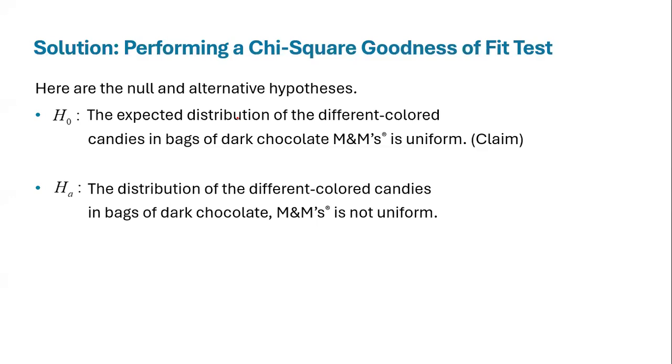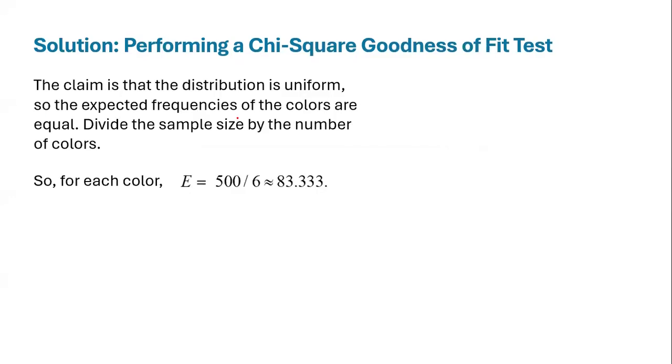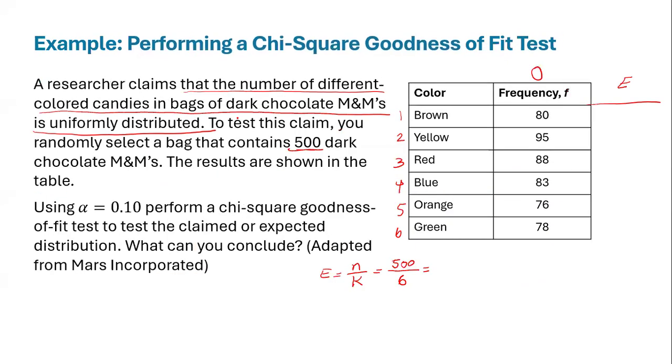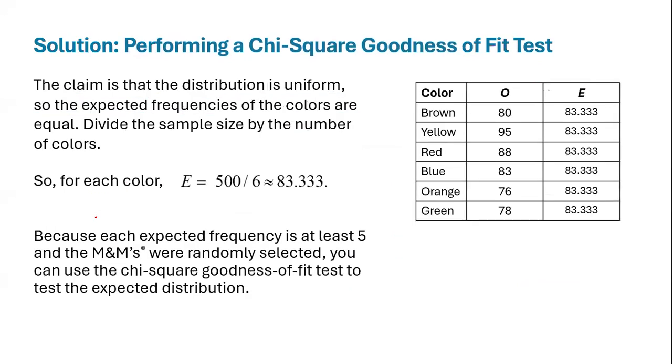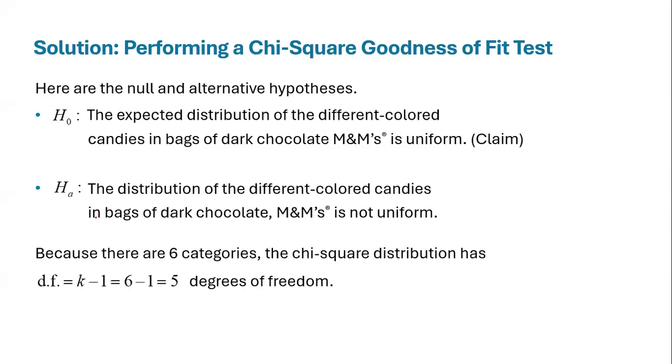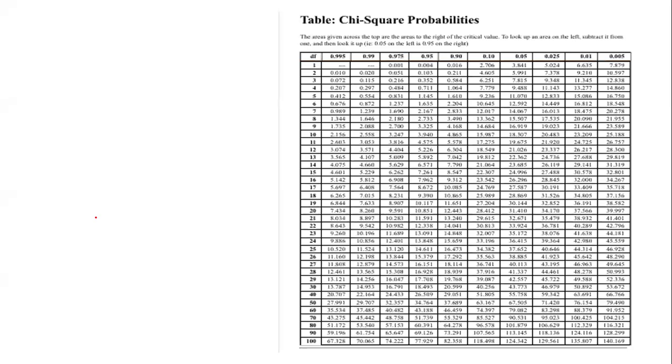Okay, next step. We need to know the alpha. The question says that the alpha is 10%. And we need the degrees of freedom, which is 6 minus 1 because we have 6 categories, and 6 minus 1 is 5. After having degrees of freedom and alpha, we need to look at the chi-square table to find the critical value.